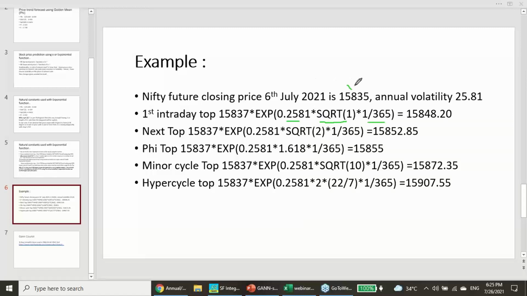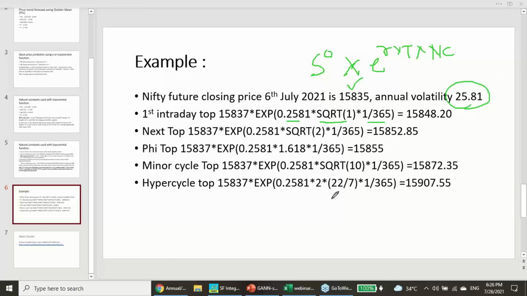Say my price is 15,835 Nifty, annual volatility 25.81. In this formula we are going to do S0 into e to the power r into t into the natural constant, which I am putting as NC.